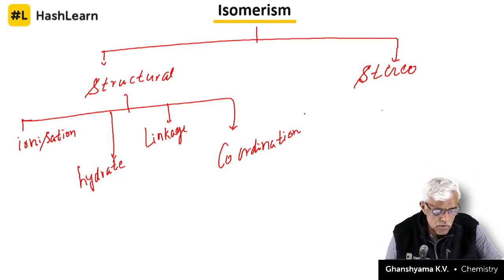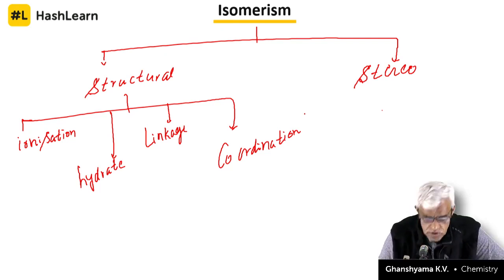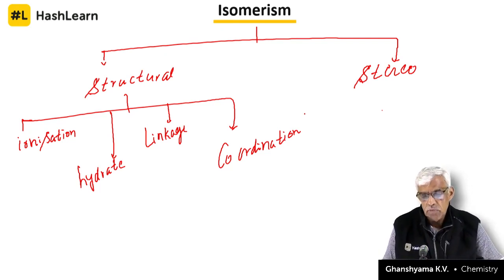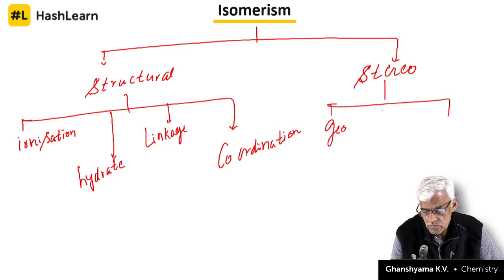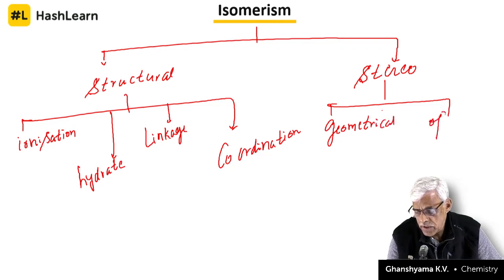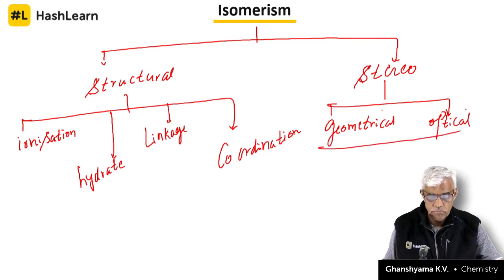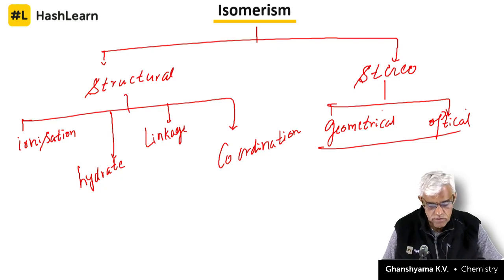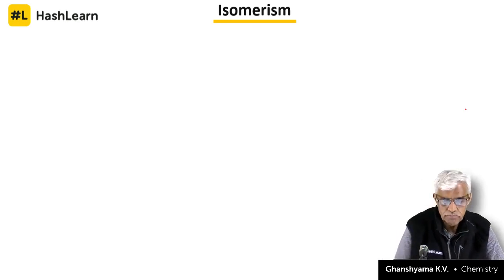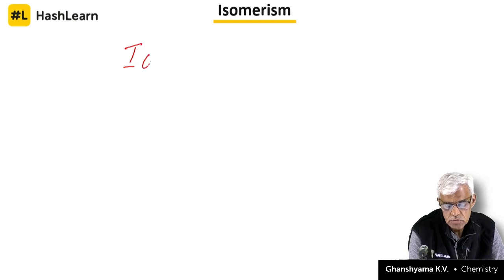Under structural isomerism, we have ionization isomerism, hydrate or solvate isomerism, linkage isomerism, coordination isomerism. And then under stereoisomerism, we have geometric isomerism, same as geometrical isomerism, and optical isomerism, same as organic compounds. Now we shall see this isomerism one by one. First one, ionization isomerism.